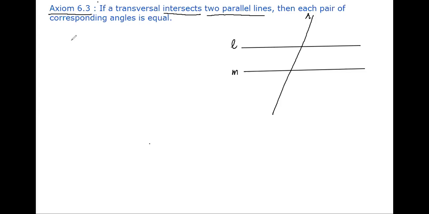Now, what is the first pair of corresponding angles? Angle 1 and angle 2. Am I right? These are corresponding angles. This is the first pair.